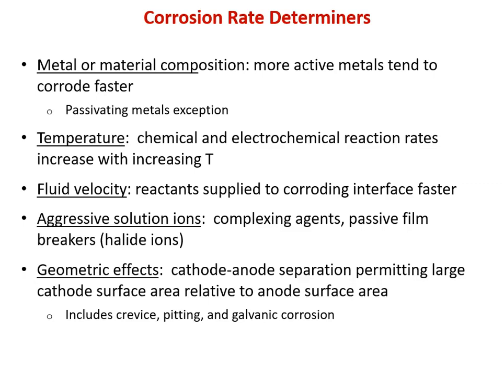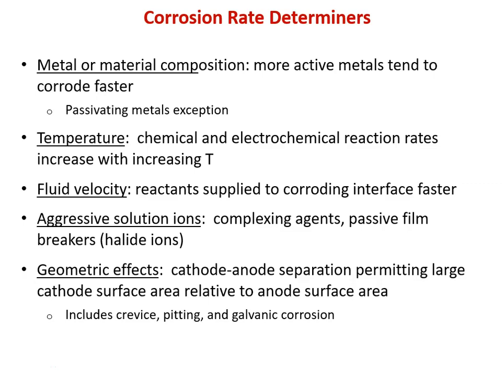Many of them have a dual role in that they will literally disrupt, in the solid phase, the passive films that we may rely on in the case of things like stainless steel and titanium. So aggressive solution ions are a big problem. We'll also see that these have a role in stress corrosion cracking and hydrogen embrittlement, definitely the stress corrosion cracking side. So they can have an embrittling role, which goes way beyond simple metal loss.